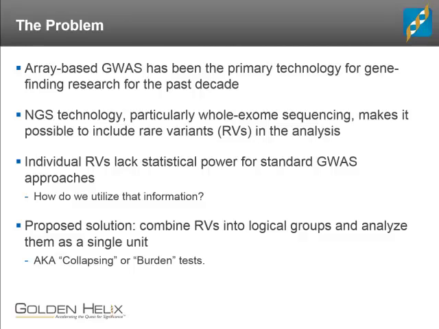Most often what we see is genes being used as the analysis unit. So we're looking within genes, assuming that any variant within a particular gene should have similar influence on the trait of interest. And so we can collapse that information or look at the burden of variation gene by gene to identify trait associations.